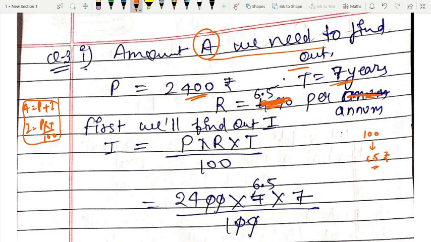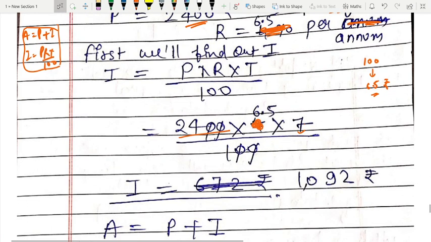But it will not always be 100, it will change in the question. Now just put the value of principal P, that is 2400, multiplied by R, given here as 6.5%, multiplied by T, given here as 7 years, upon 100. 2 zeros are cancelled out by 2 zeros, and just multiply them to get the interest. Interest we have got is 1092 rupees.